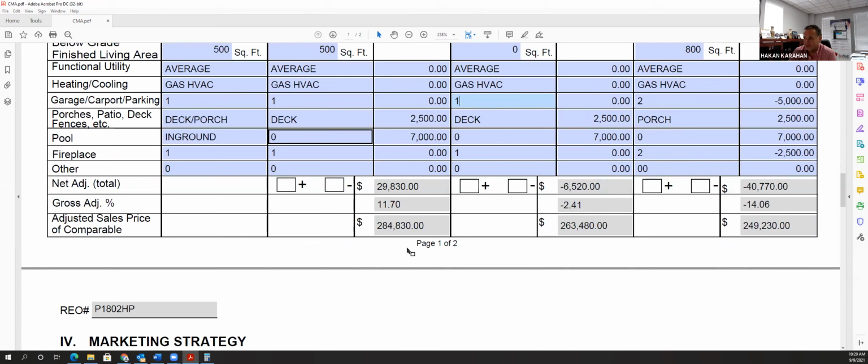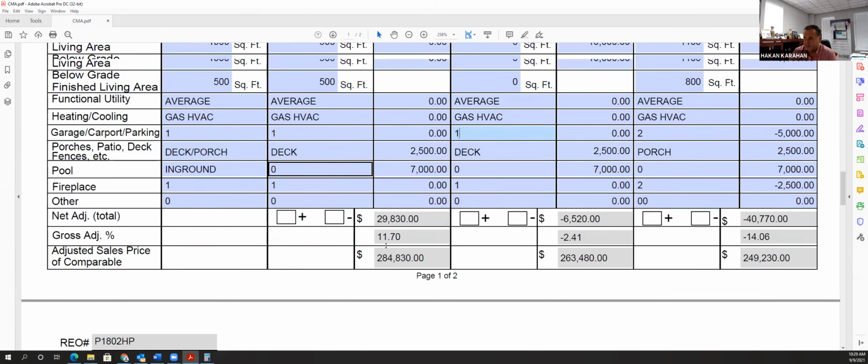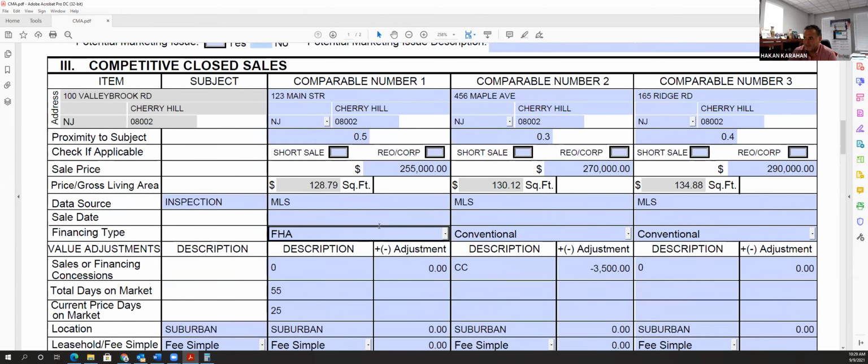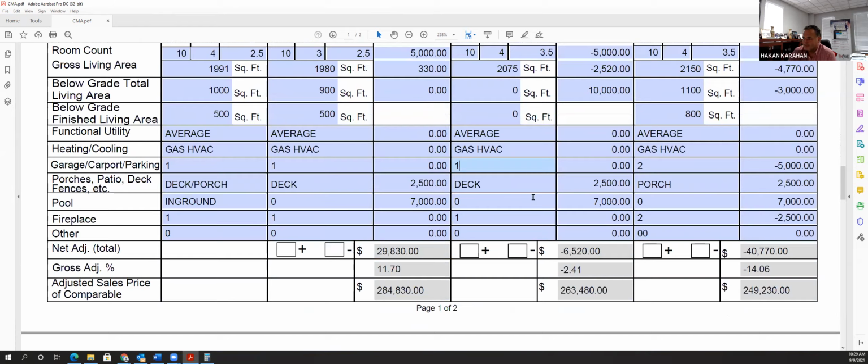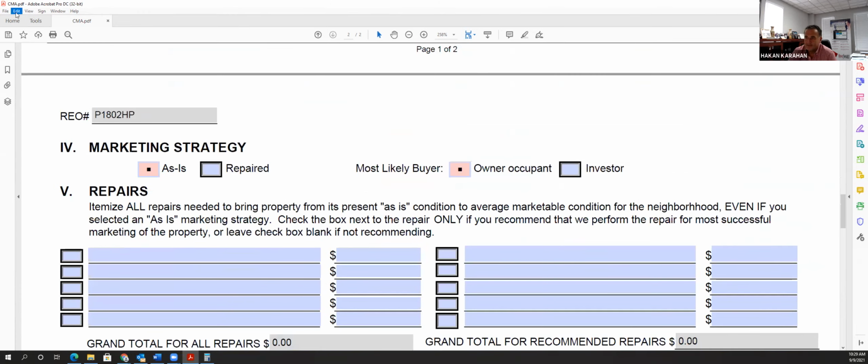That is the market value. If you look at the top, 255, 270, 290, and ours came in at 265, so 266. Do you see how we did it? Yep. All right. Any questions?